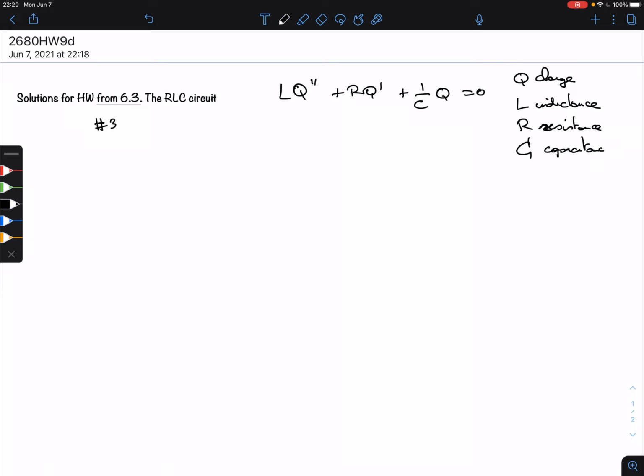The only thing you have to make sure of is that the capacitance comes in as 1 over C as a coefficient here. That's a bit strange perhaps, but that's just how that particular field has developed.